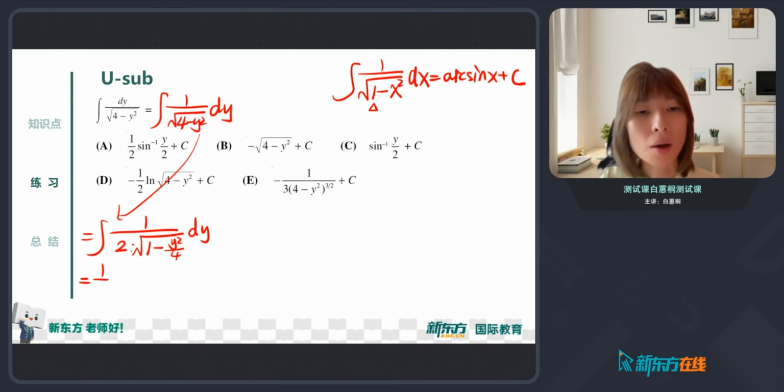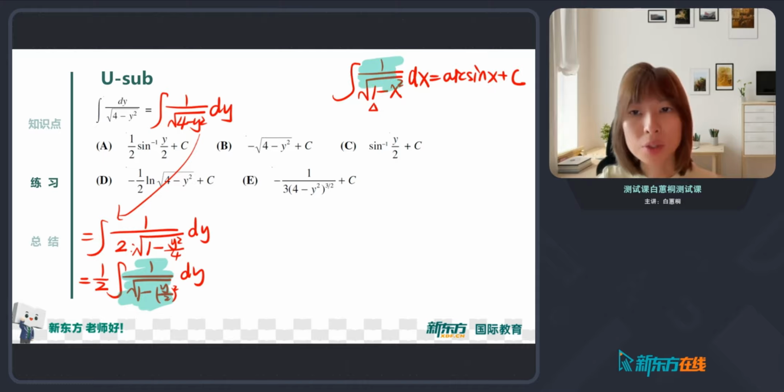So it's going to be 1/2 integration 1 over the square root of 1 minus y squared over 4, which can be written as y over 2 squared, right? And then dy. So this structure is pretty much similar to this, but there's a little bit of difference, because that is the x here, and that is y over 2 here.